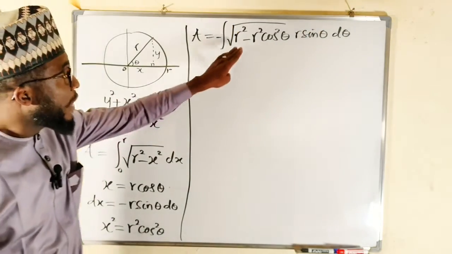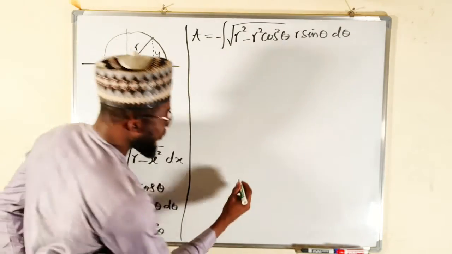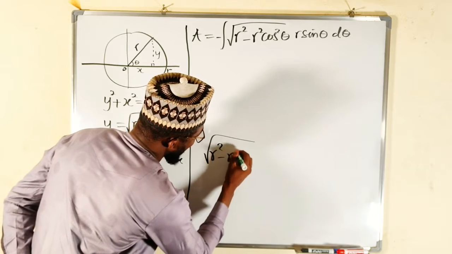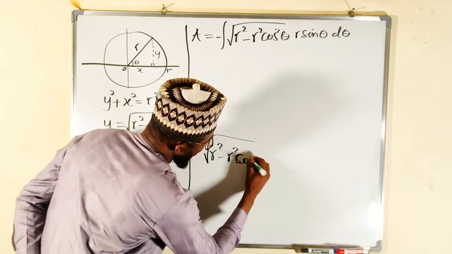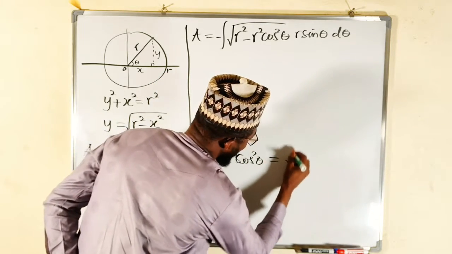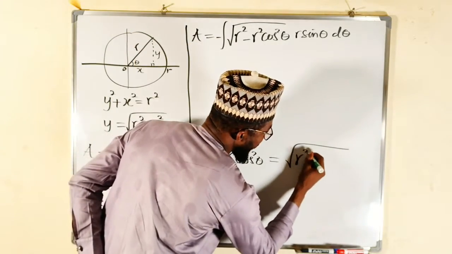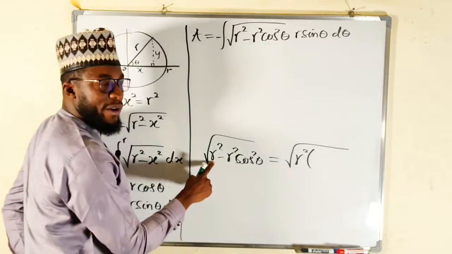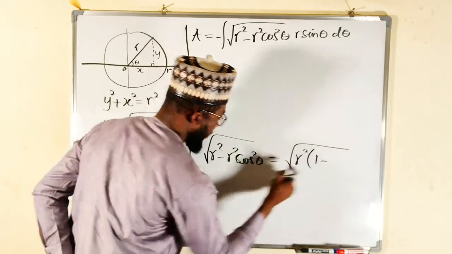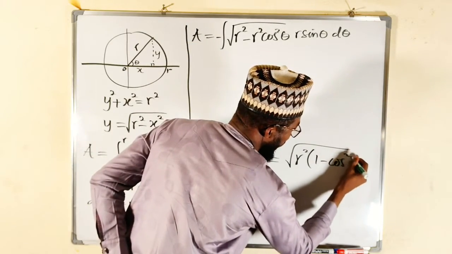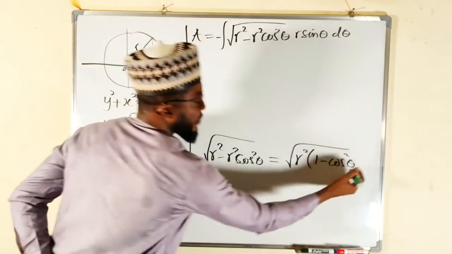All right. I would like to simplify the square root before we continue. If you have the square root of r squared minus r squared cosine squared theta, I can write it as the square root of, we have r squared in common. So we have r squared in bracket. From the first r squared, we have 1 minus. From the second term, we have just cosine squared theta.